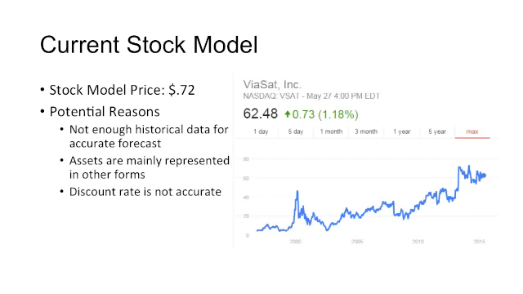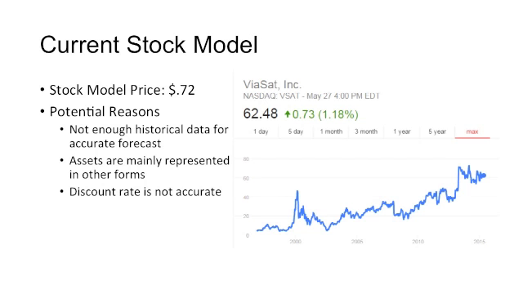And when I got this, I knew it was pretty unreasonable considering that Viasat currently has a stock price of $62, and ever since their stock became public in 1996, it's been a pretty increasing trend. Yes, they've had their ups and downs, but overall the price has continued to increase, so I find it very unrealistic that in the next 10 years the price is going to drop down to 72 cents.